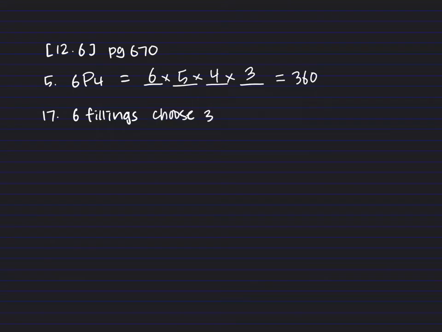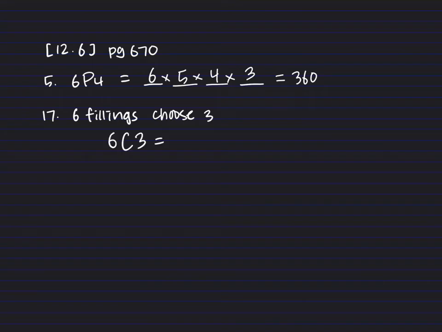You'll have to determine if you're going to use permutation or combination. The easiest way to determine between the two is to see if you have to have it in a certain order. In this case, we don't need to have the fillings in a certain order, but we cannot have them overlapping. So we're going to use combination for this question.